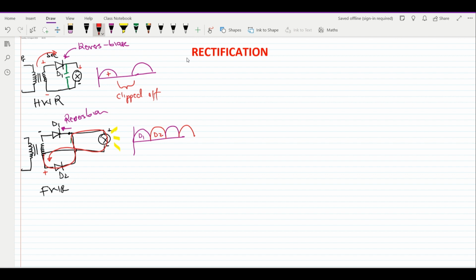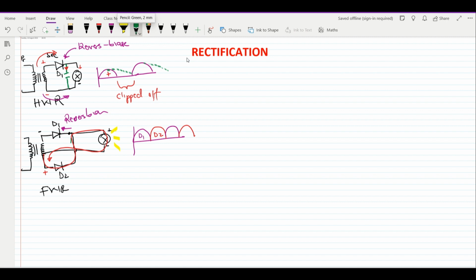At the same time, our capacitor will be charging, storing energy, waiting for that moment to use it up. But when the transformer again decides to take current in this direction, instead of having a total clip off, the capacitor will slowly discharge to the load, just like that.